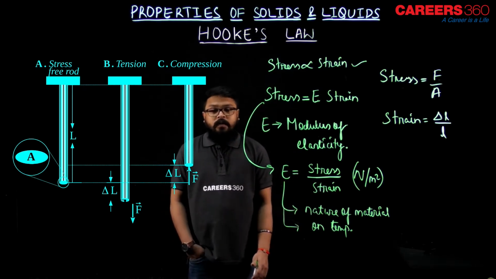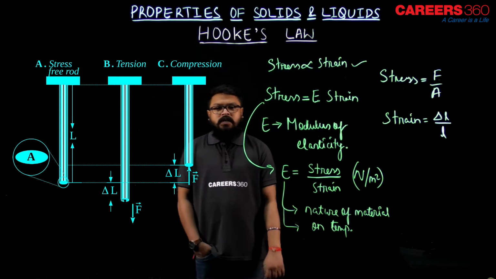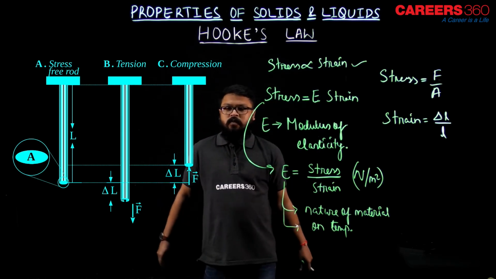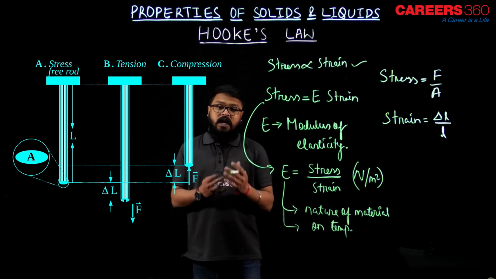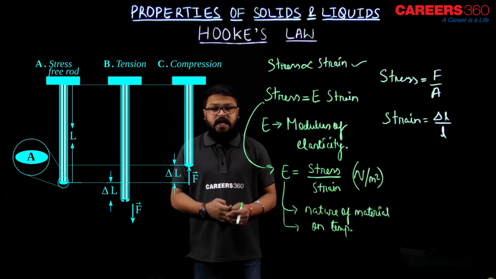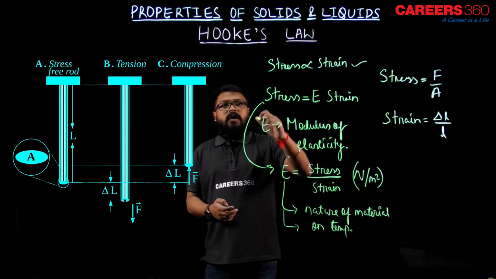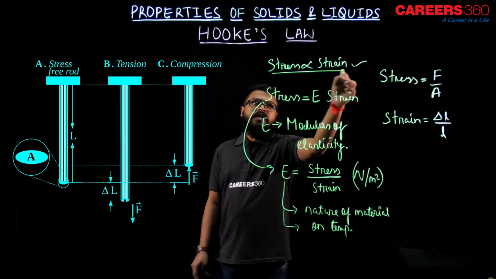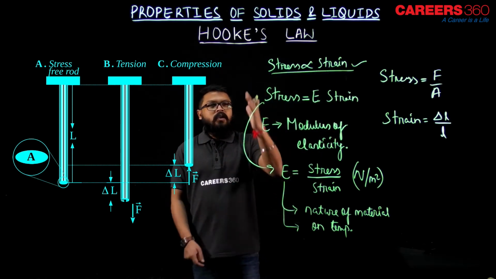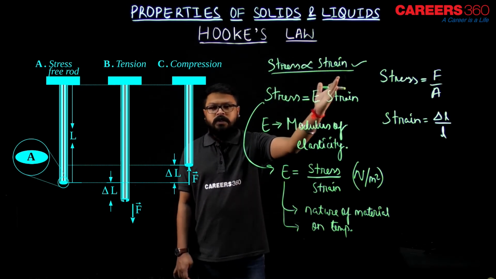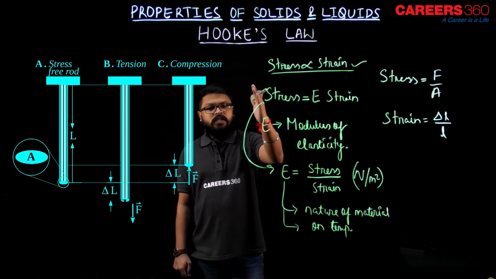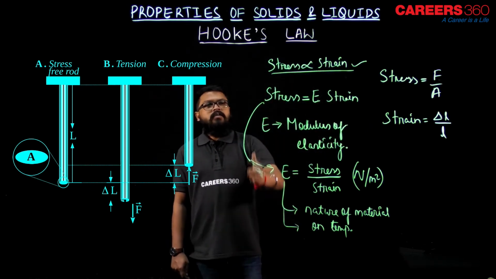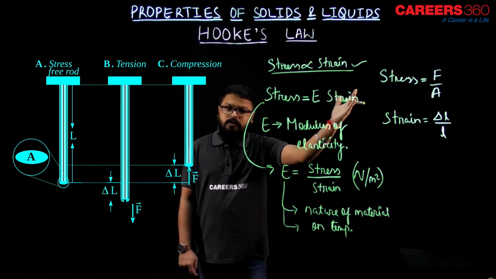Now what I was saying is, if this E, the proportionality constant, is modulus of elasticity, there are three types of modulus of elasticity. As we have already studied different types of stress and strain, when I say stress is directly proportional to strain, I mean longitudinal stress is directly proportional to longitudinal strain, shear stress to shear strain, volume stress to volume strain.